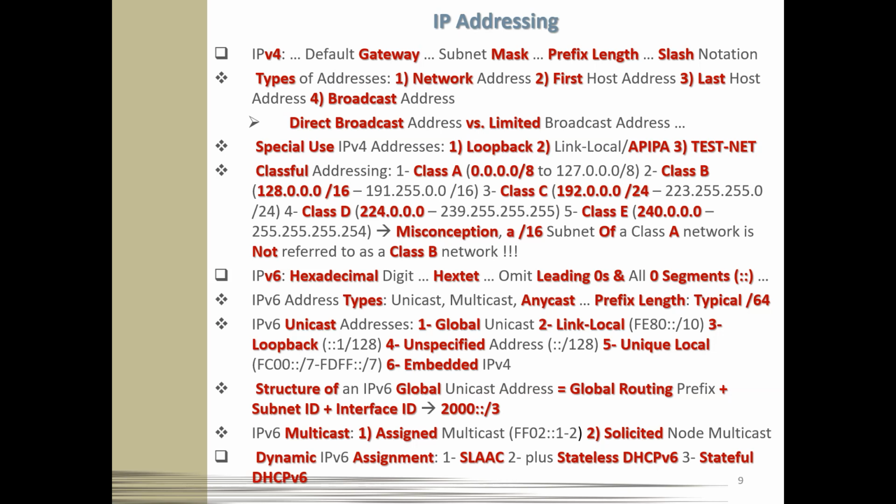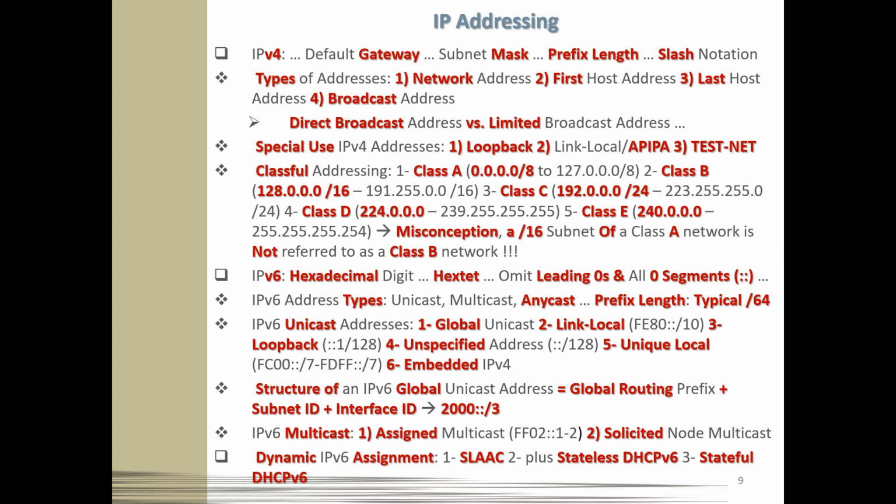So class C was designed to support small networks with a maximum of 254 usable addresses to be used by hosts. And if you take the first byte from the left hand side, high order byte is going to have the first 3 bits set to 110 from left.